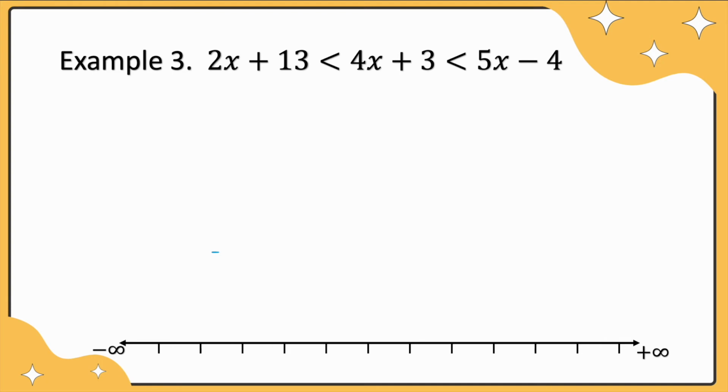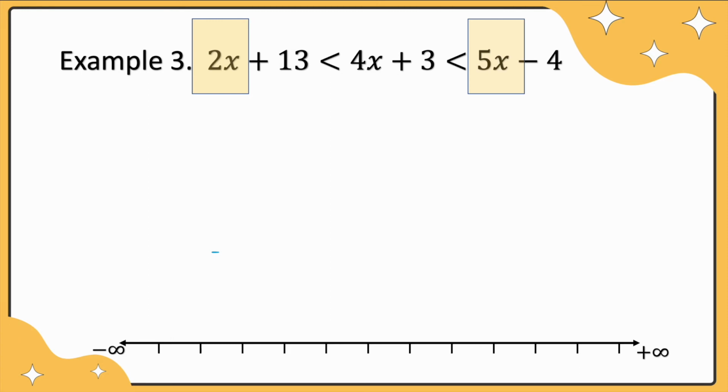So this one is similar to our previous example in terms of the x terms on the left side and on the right side. Here again, we have two different x terms on the left side and right side of the inequality, so 2x and 5x. So we cannot just eliminate by subtracting or adding a 2x or a 5x on either side.